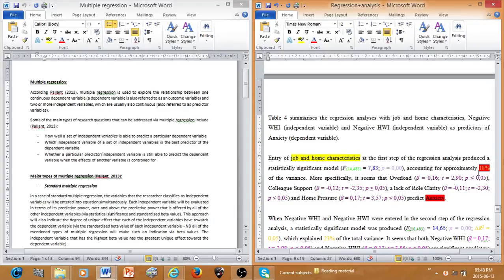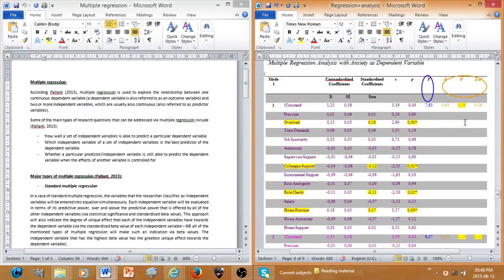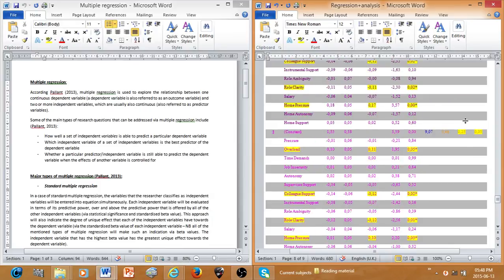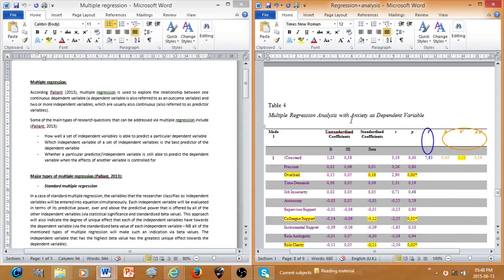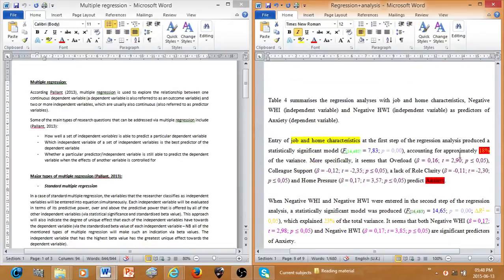So where did we get that 18%? We went to the R square value, because the R square value indicates the percentage of variation in the dependent variable that can be explained or predicted by the model. In this case, they said accounted for.